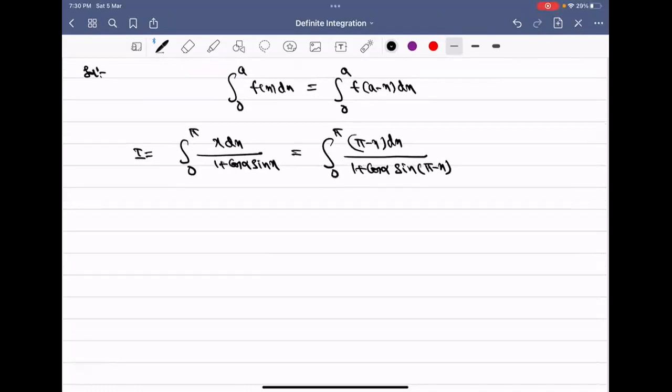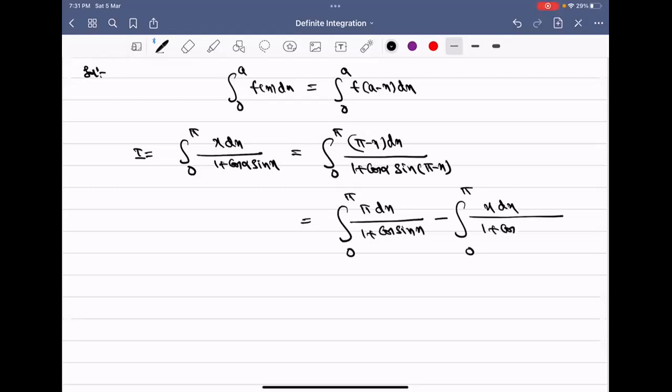So now what you do is, if you open this bracket, that is if you separate this integral into two integrals, one is pi dx over 1 plus cos alpha into sin of 180 minus theta, that is sin theta only, therefore sin x, minus integration of 0 to pi x dx over 1 plus cos alpha into sin x. So this is I. So now again, this one is what?